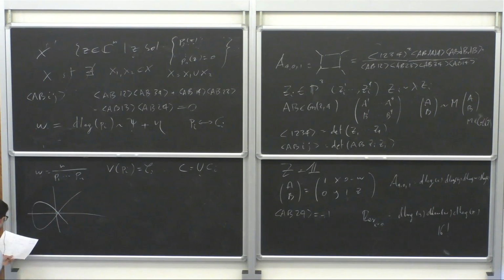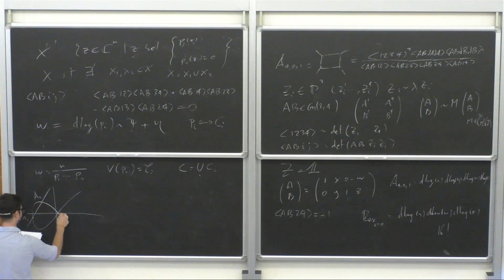So let's take a cubic curve that self-intersects and a line. Let's say that the denominator of our differential form is the product of the polynomial corresponding to the self-intersecting cubic and the line. So these curves intersect in 3 points.